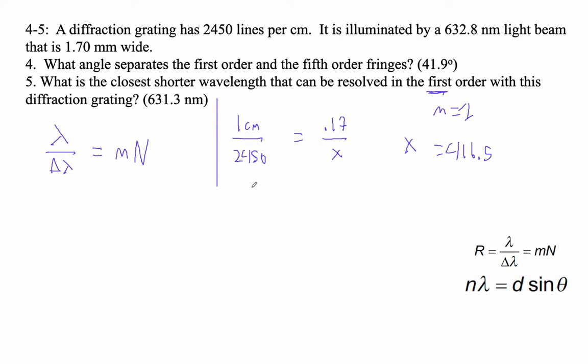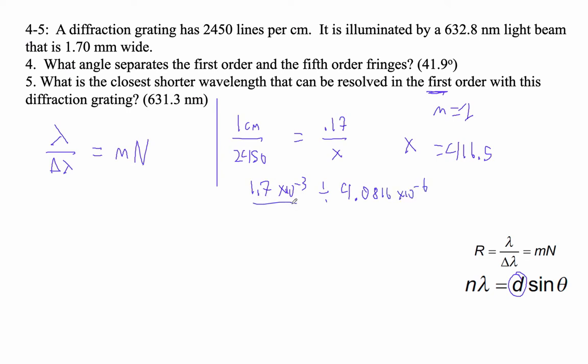The other way to do it is to take 1.7 millimeters, 1.7 times 10 to the minus third, and divide it by the width of those slits. Remember the d that we figured out in the first part of this problem is 4.0816 times 10 to the minus 6.